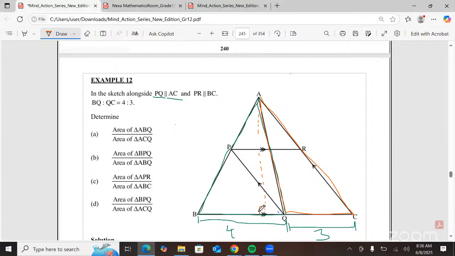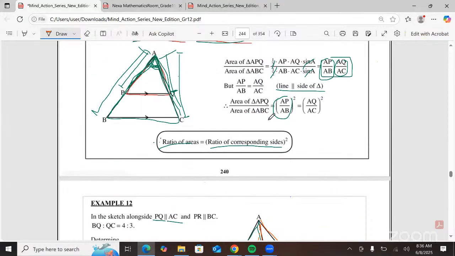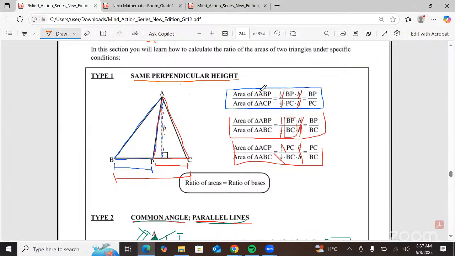Therefore, with that type 1, if triangles have the same perpendicular height, we can say the ratio of the areas is the ratio of the bases. So if this triangle is the numerator, the base of it will be the numerator also in the ratio.